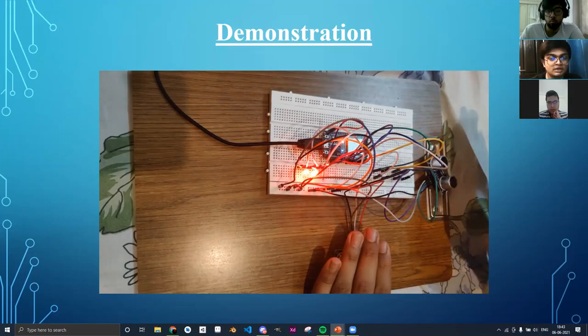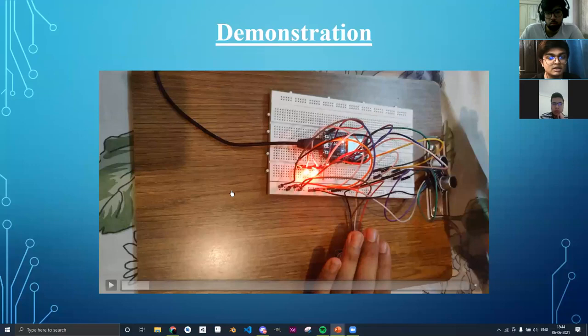So the room is divided into 2 parts: an area at a distance less than 100 centimeters from the right ultrasonic sensor, that is one half of the room, and the other half of the room is the area at a distance greater than 100 centimeters. When I keep my hand over the right ultrasonic sensor, it detects that the distance is less than 100 centimeters.